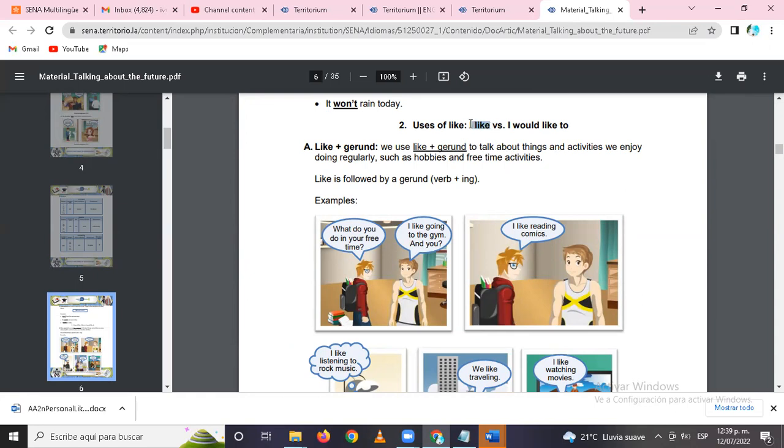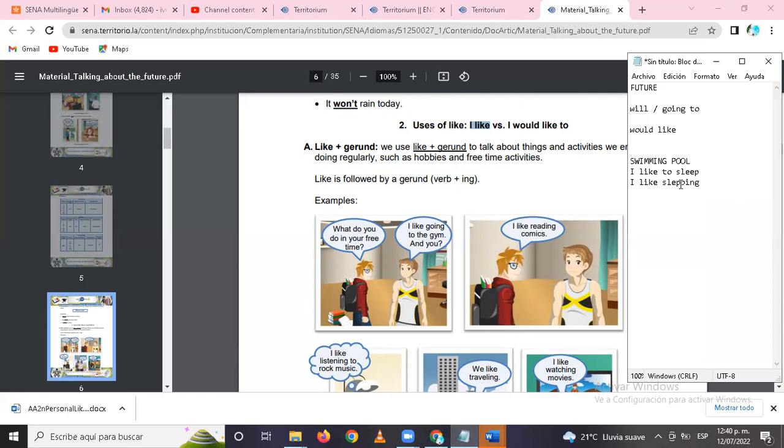So the conjugation of the present simple. We can use like plus gerund, and that's what you were saying, like I like sleeping, and here sleeping is a gerund because it seems like a verb, but it actually is a noun.